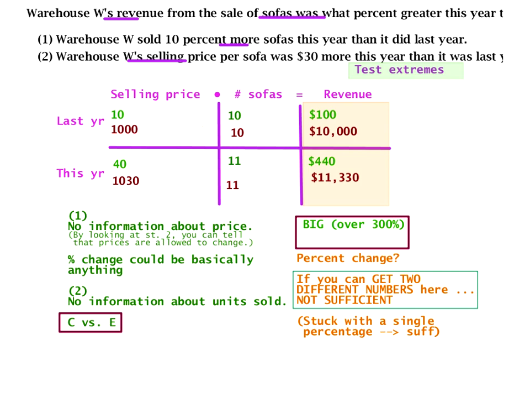And this is only between a 10 and 20% change. So these are definitely different numbers, and you can't determine it exactly either. So still not sufficient. And this is E overall.